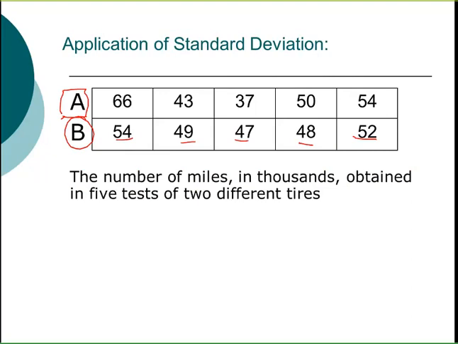And now what's going to happen here is we're going to do an average for each numbers. We're actually going to do the standard deviation for each one, but I want to talk about what a salesman could actually do for you. So you could add this up. Okay, and if I add that up, I'm going to get 66 plus 43 plus 37 plus 50 plus 54, and that gives me 250.